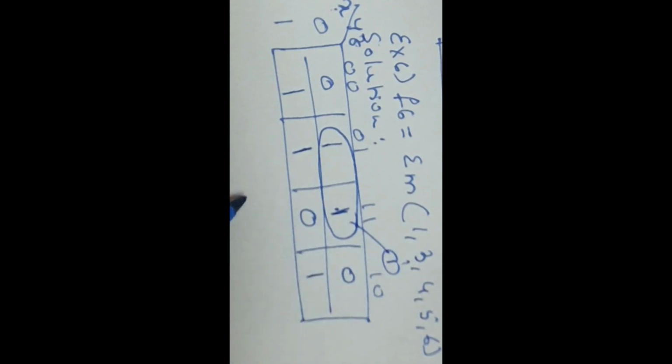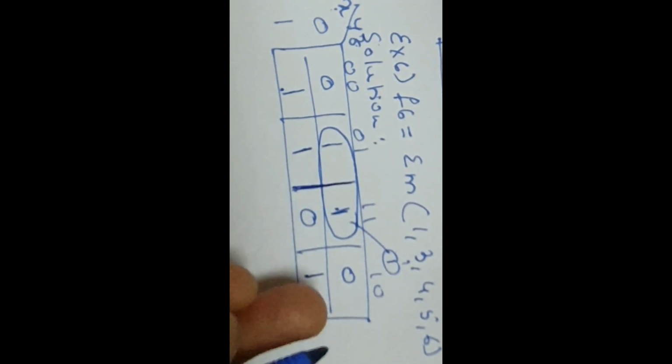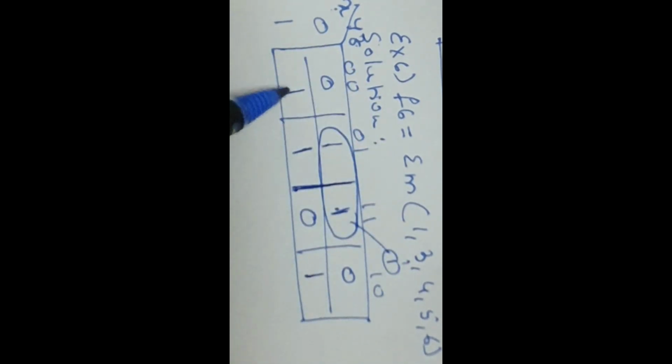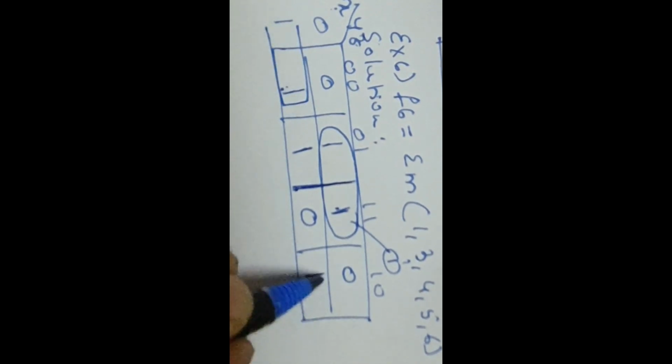Let this be group 1. Now this one is in pair with this, because here if you make a fold on this line, this falls on this. Hence these two make another group. Let this group be second.